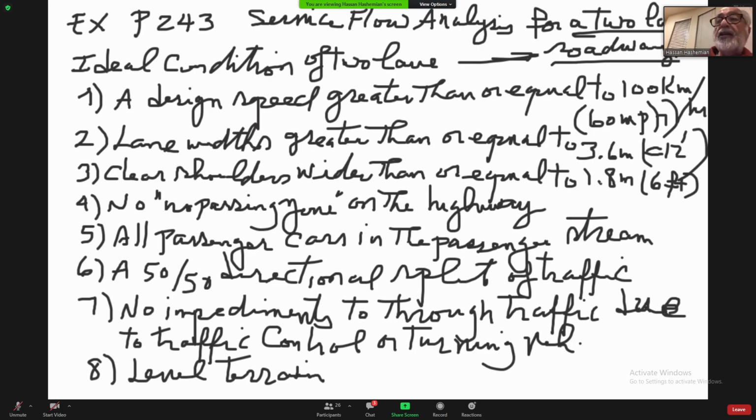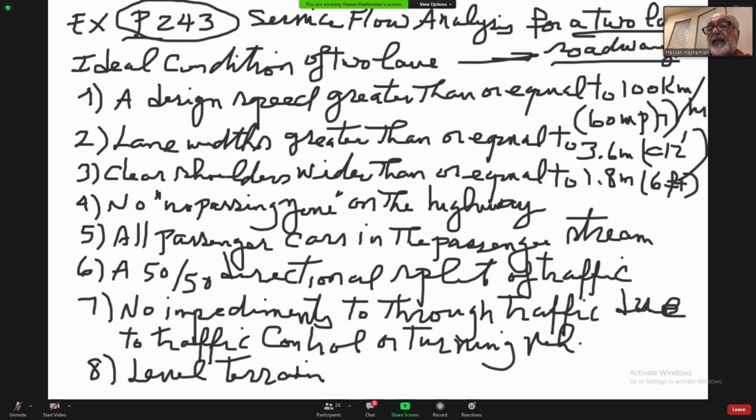Again, these are on page 243. You can read your book. Now, when we have these conditions, that's the ideal condition.